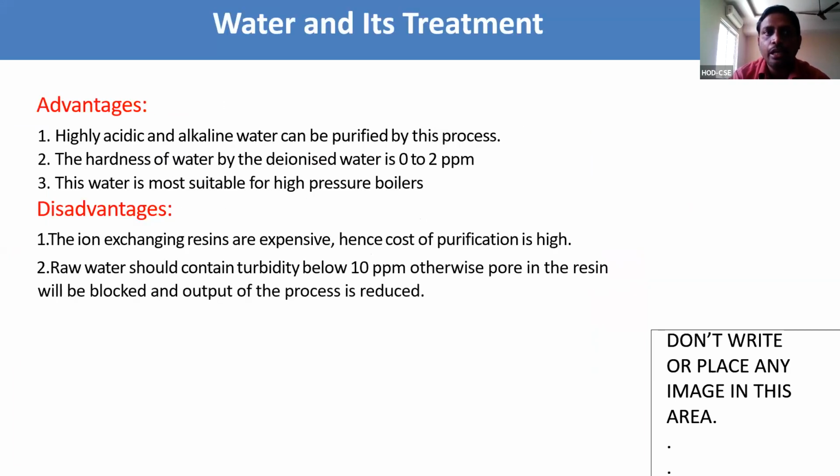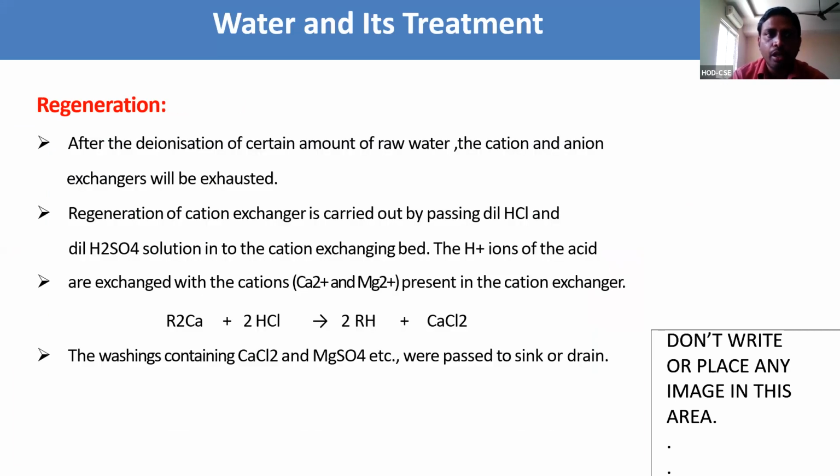After the deionization of a certain amount of raw water, the cation and anion exchangers are exhausted, which means they lose their capacity to remove the cations and anions present in the hot water. Now we need to regenerate them.